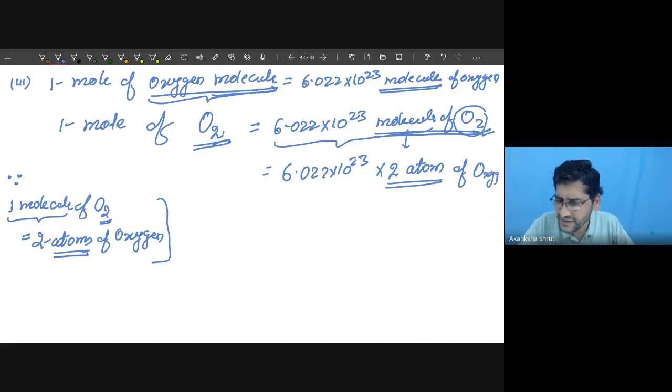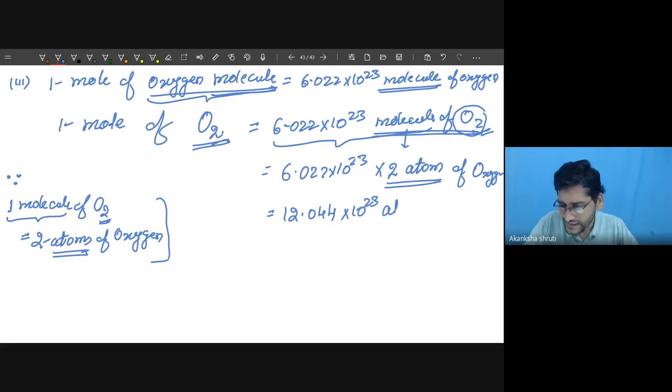Okay, student? This is important. This way the molecule can be converted into the atoms also. It becomes, multiply this, 12.044 into 10 to the power 23 atoms of oxygen.